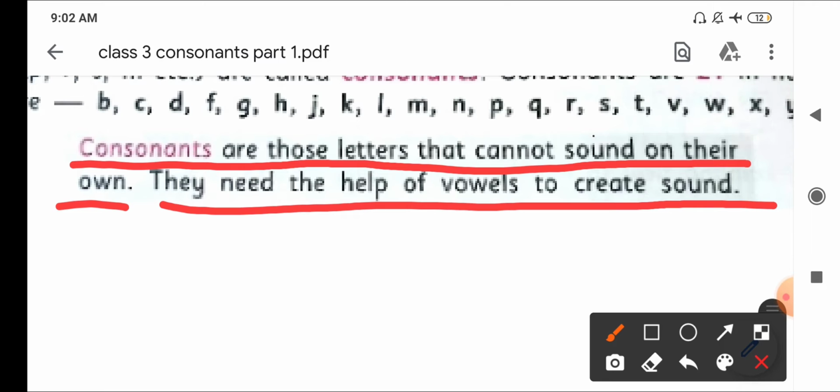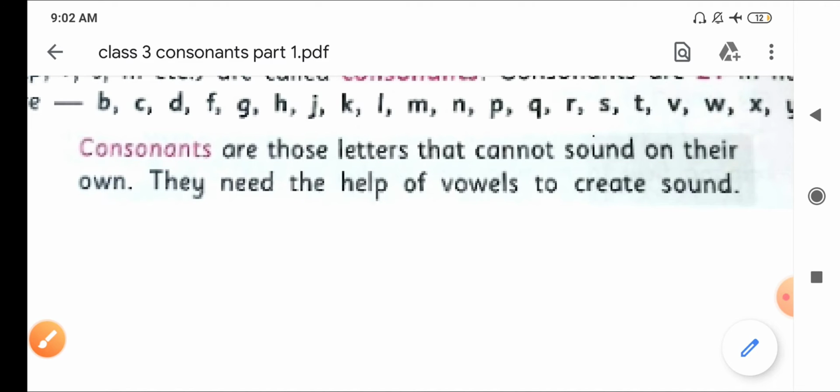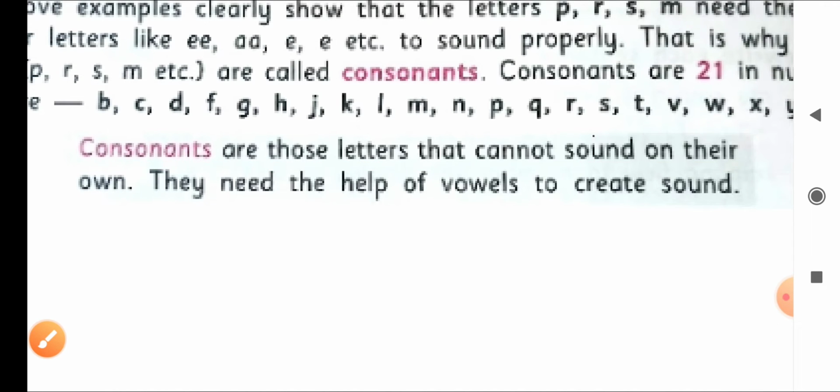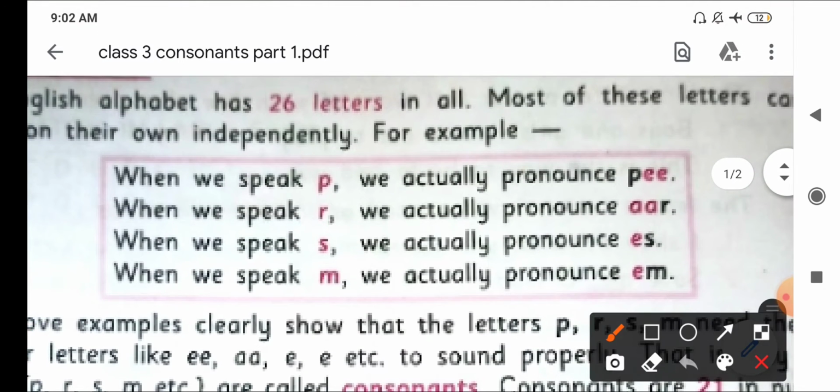Let us revise this one more time. Consonants are those letters that cannot sound on their own. They need the help of vowels to create sound. As we know, there are 26 letters in the English alphabet, isn't it?